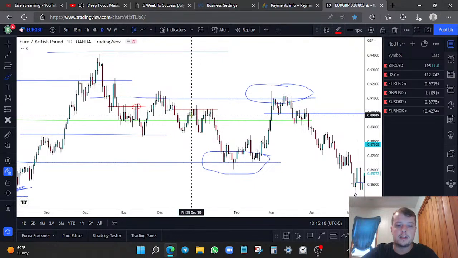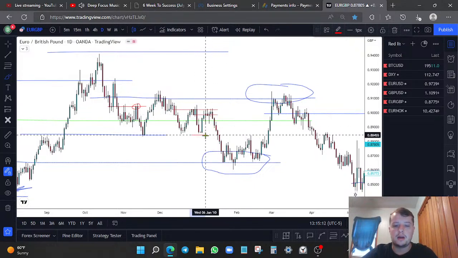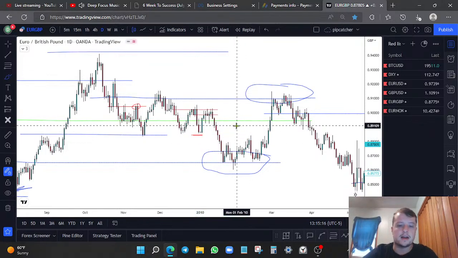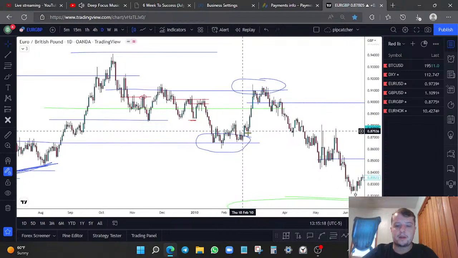Last buying, sell there, just sell there, breaks structure, and price doesn't come back into that area. Breaks through it.